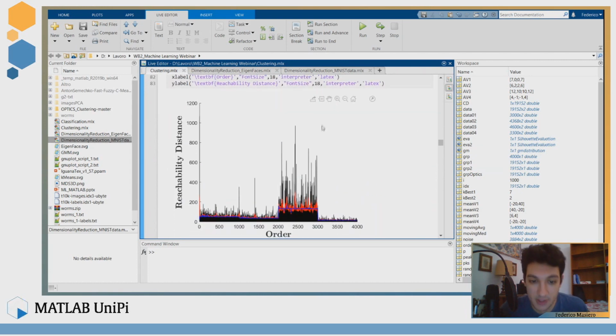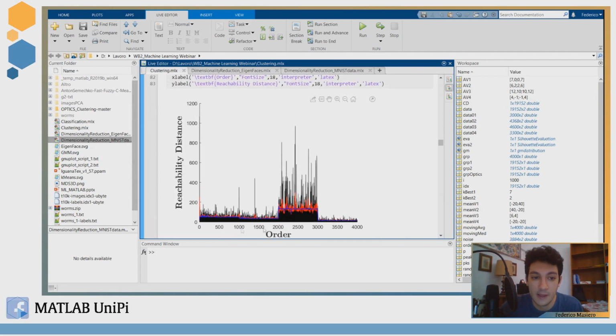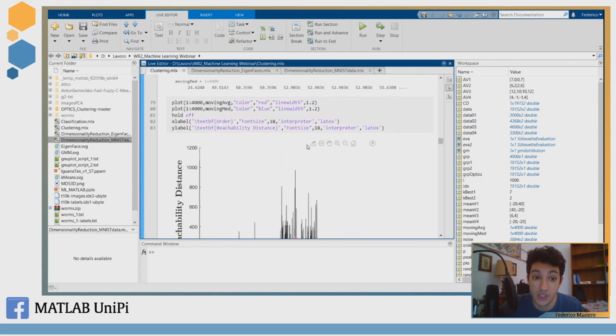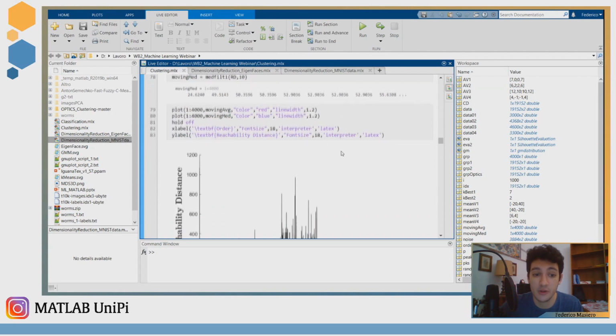And then there's this extra content of using the implemented clustering algorithm that I downloaded from File Exchange, which is called OPTICS. It is one of the 2 clustering algorithms that I showed you during the presentation as extra content.